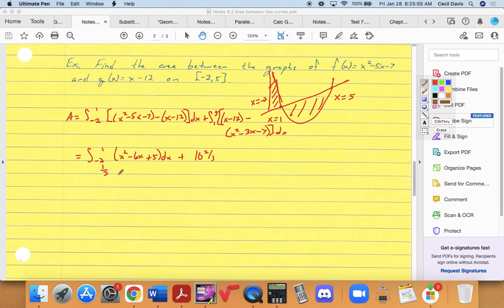So that's 1/3 x cubed minus 3x squared plus 5x from negative 2 to 1. So let's see, that's 1/3 minus 3 plus 5 minus 8/3 minus 12 minus 10.